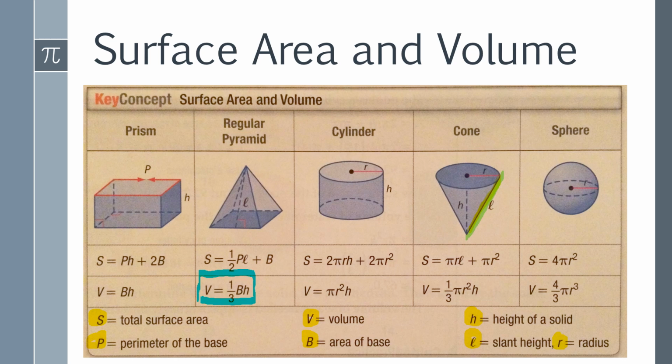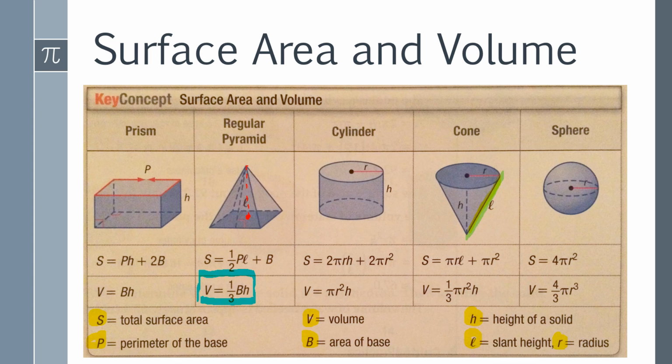The height, by the way, goes down from the vertex to the middle of this polygon here.